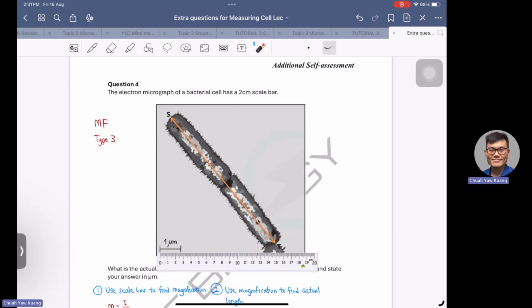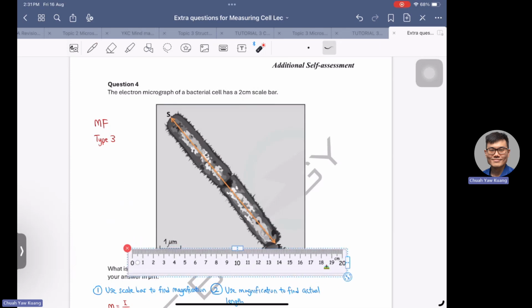That means you have one more step to do. You have to be alert whether the measurement provided by the question is the same as yours. If it is not the same, then you have to use the ratio to figure out the actual measurement. So this is how we will do it. For example here, let's say I increase.